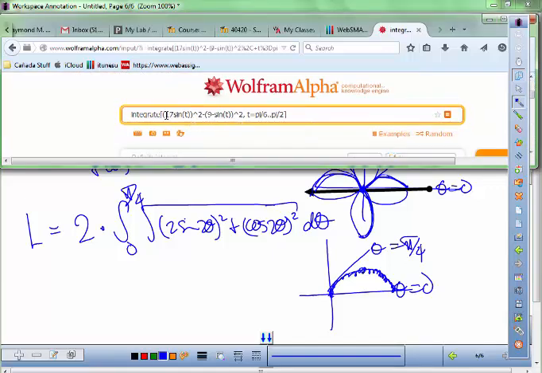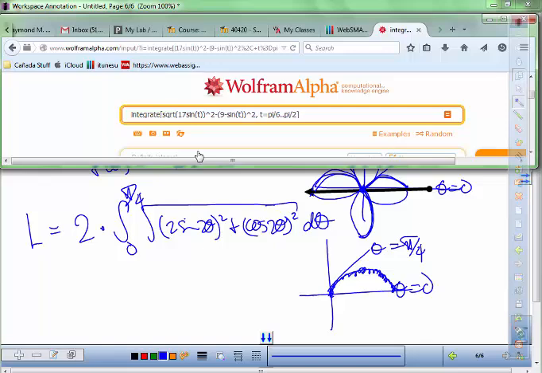So we're integrating the square root of 2 sine 2 theta squared plus cosine 2 theta squared, close the square root, when we go from 0 to pi over 4.